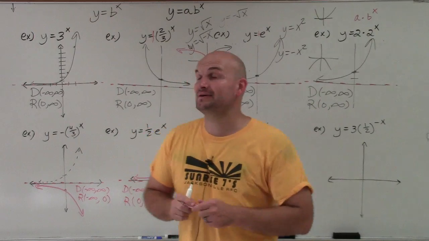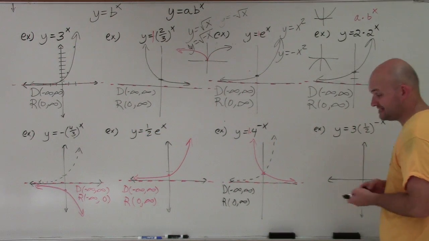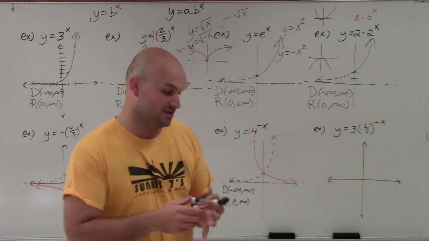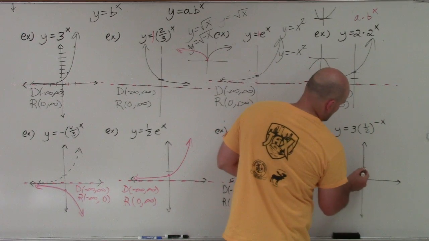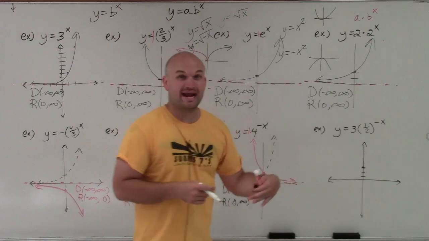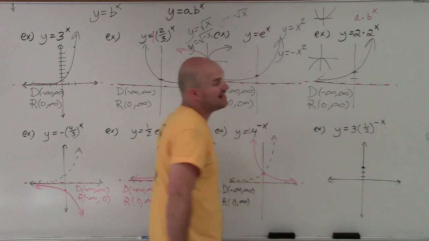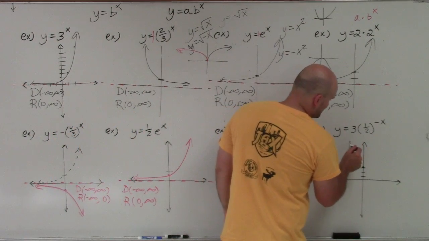Okay, last but not least, we have y equals 3 times (1/2)^x raised to the -1/2. Again, we see that my a is 3, so I'm going to have a y-intercept at 3. However, my b is 1/2, so that means I know my graph is going to be decreasing, and I have another negative reflection. So my graph is going to look something like this.